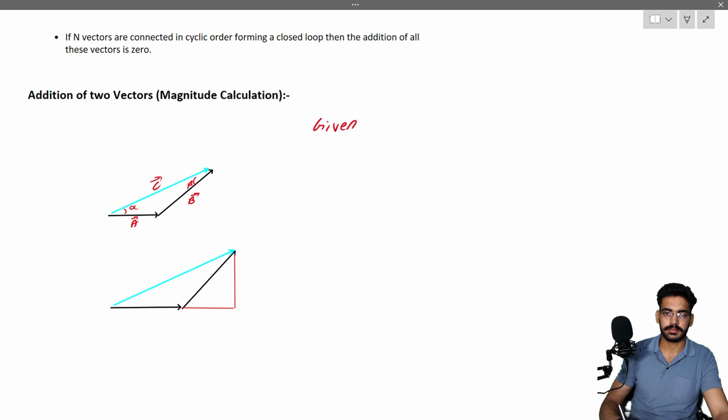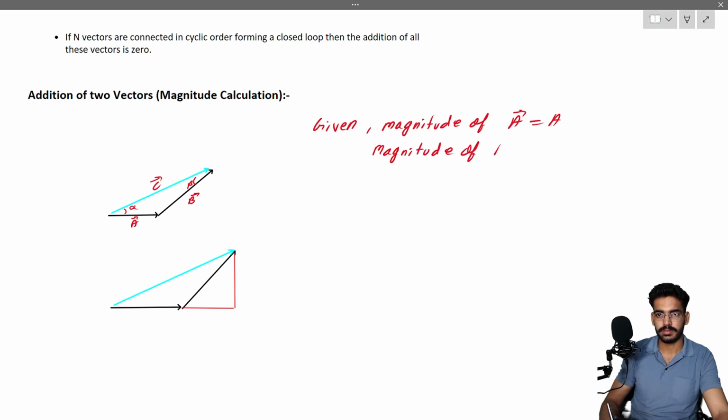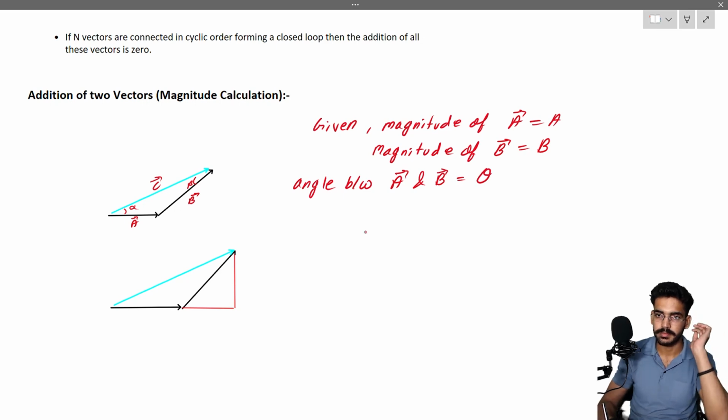So what we have given already is the magnitude of a vector, that is a, and the magnitude of b vector, that is b, and the angle between a vector and b vector, which is given as theta.